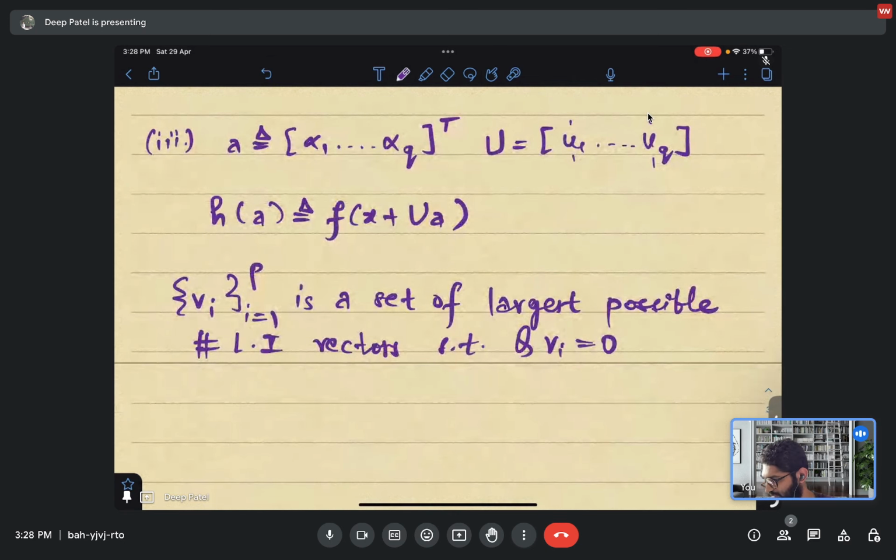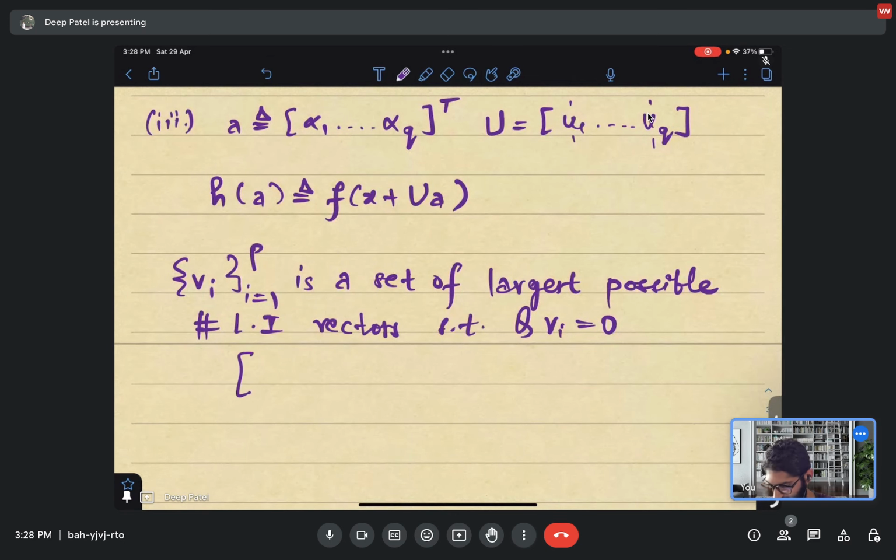So this is just a long way of saying vi spans the null space of Q.